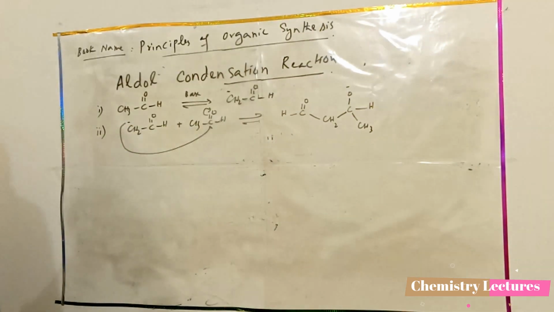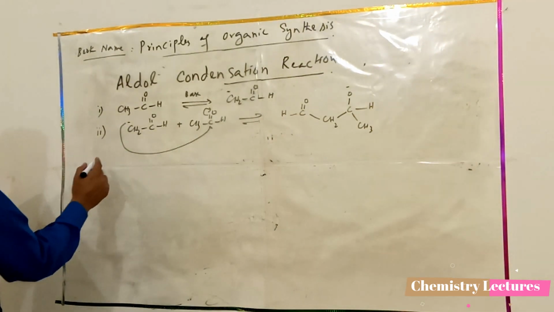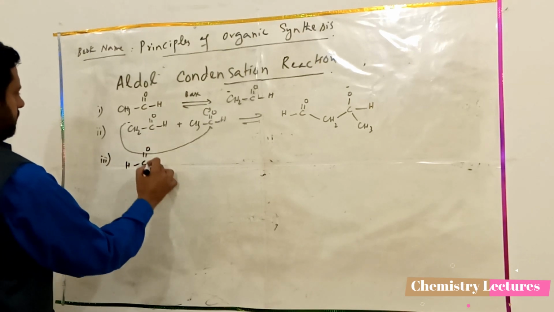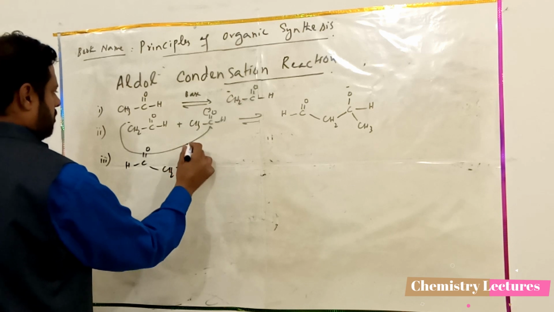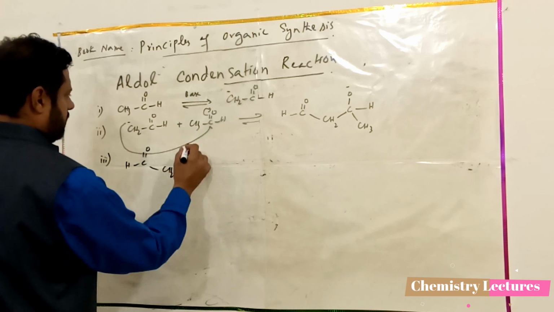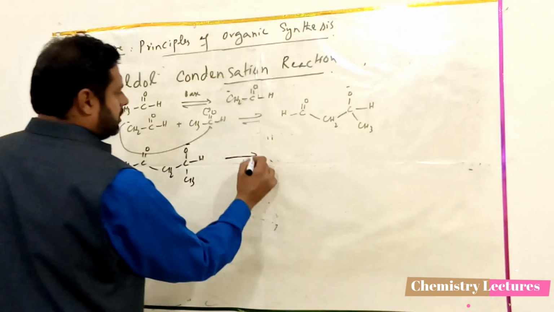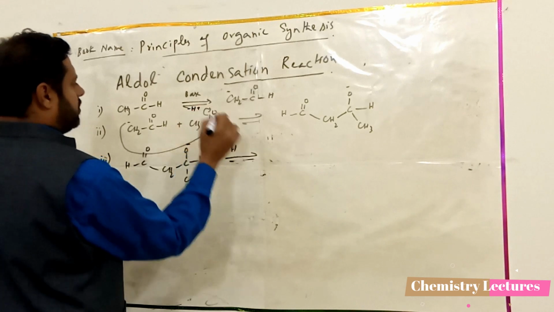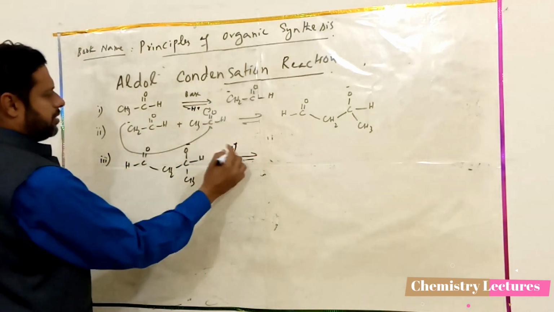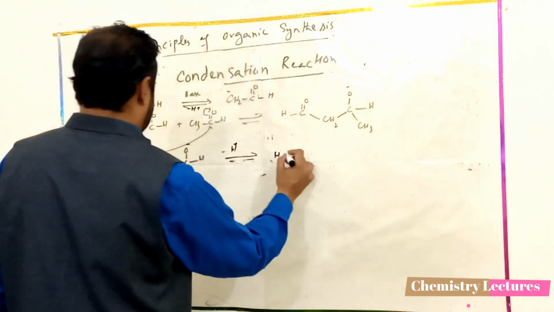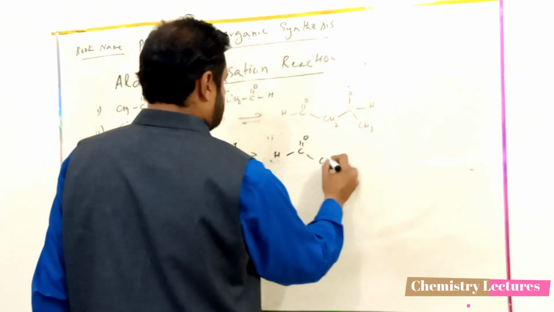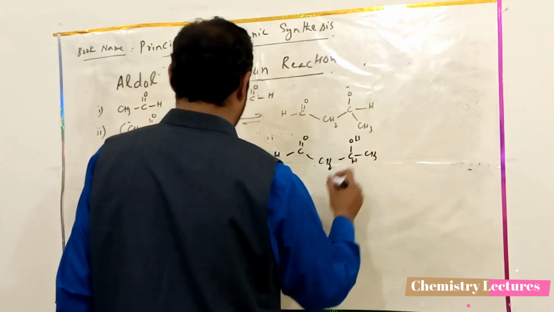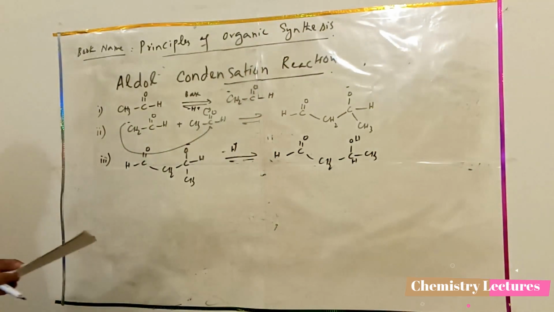In the third step, the negative charge comes on oxygen. This proton is abstracted by this oxygen and you will get this product.